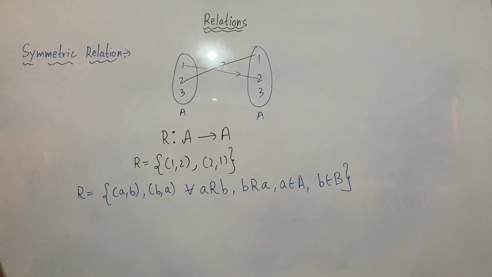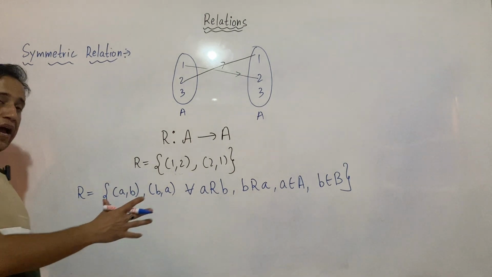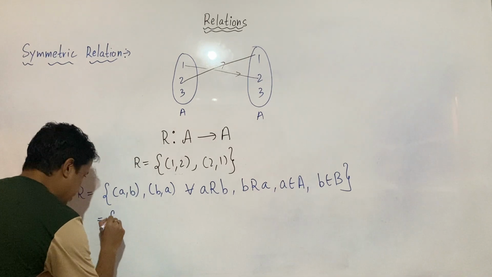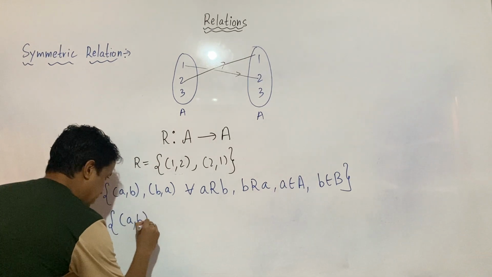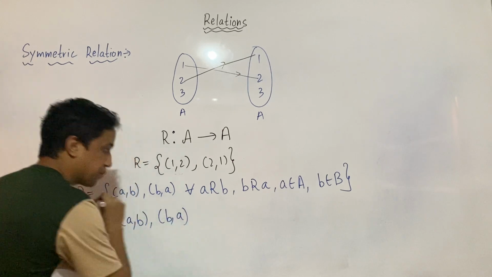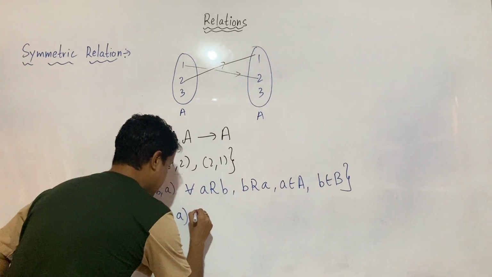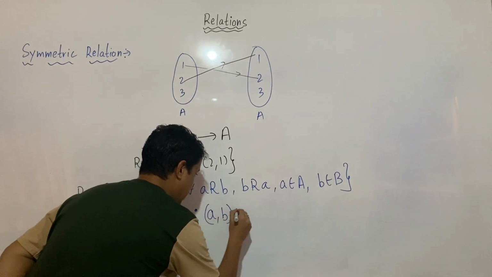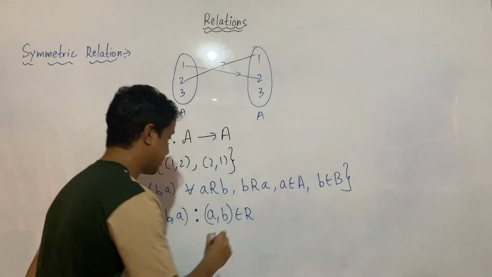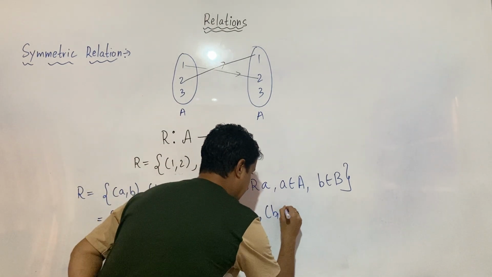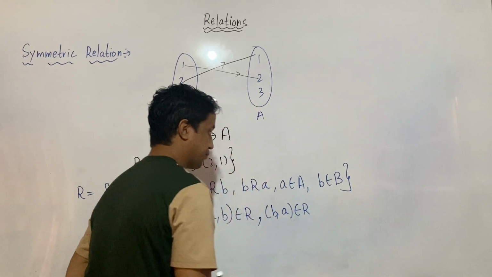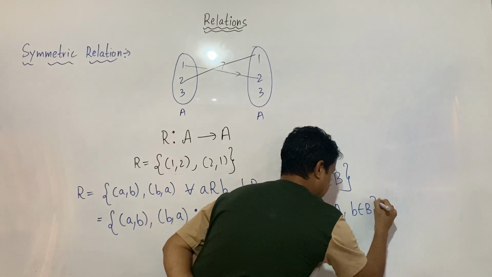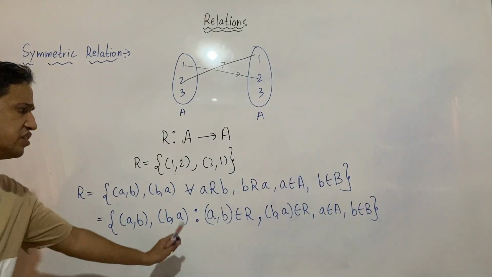Okay, so this is how you can define the symmetric relation, or you can also write it as (A, B) and here (B, A), such that (A, B) belongs to R, then (B, A) belongs to R, where A belongs to A, and B belongs to B. Okay, so it's the same thing.